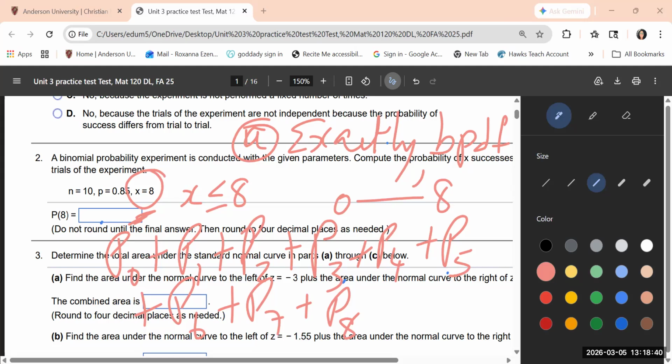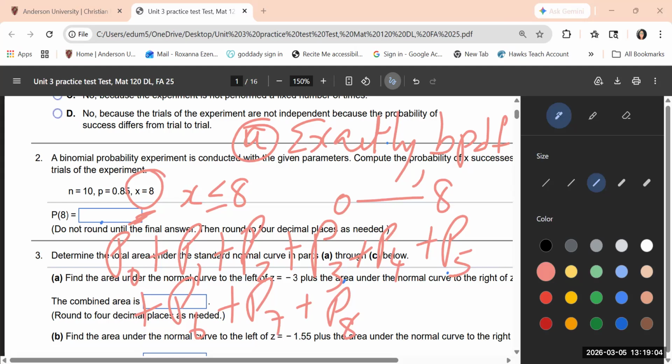So now you do binomial CDF. Then you come down here and put in sample size is 10, success is 0.85, and the random variable is 9. So you're only going to look for 9 and 10.